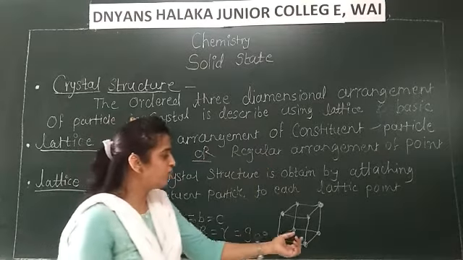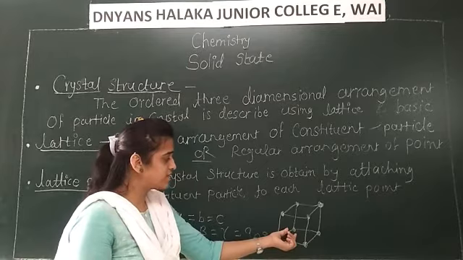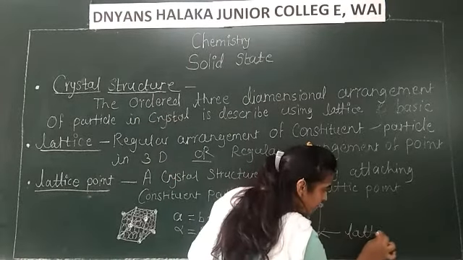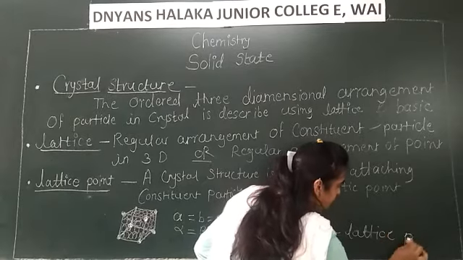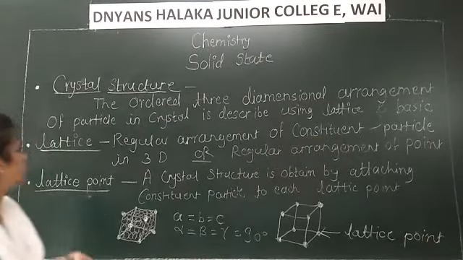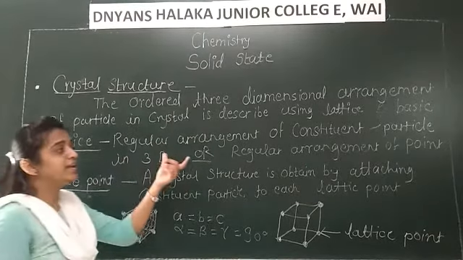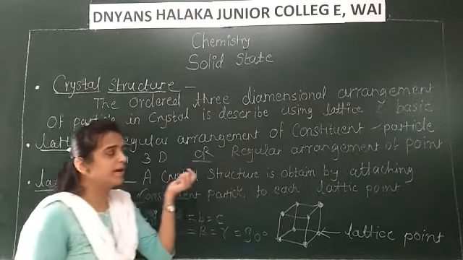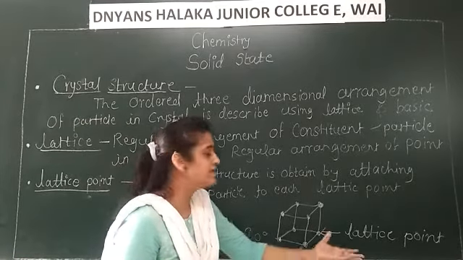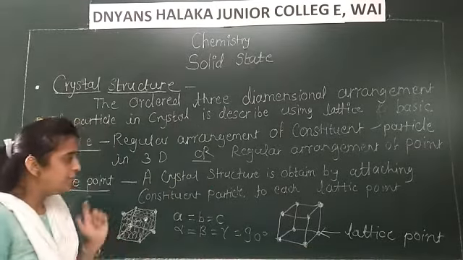So this corner point is denoted as a dark circle. So this is called a lattice point. So definition of lattice: regular arrangement of constituent particles in three dimensions, or regular arrangement of points, is known as lattice point.